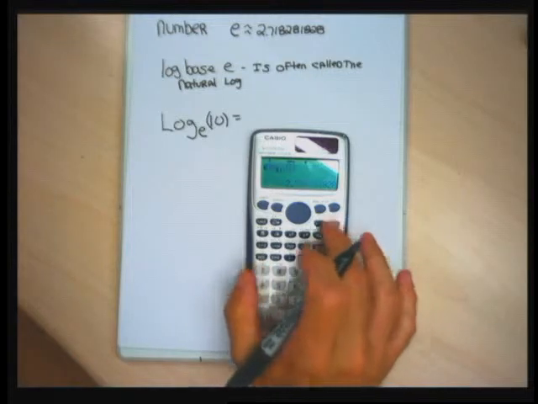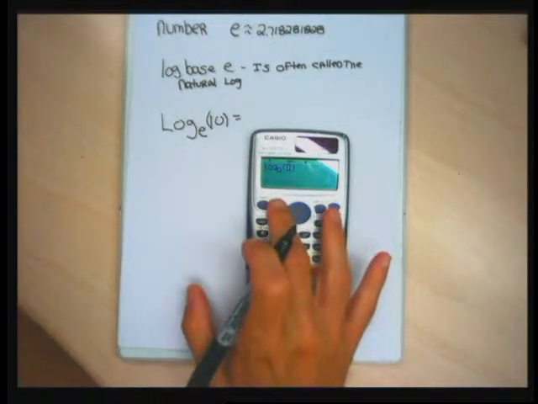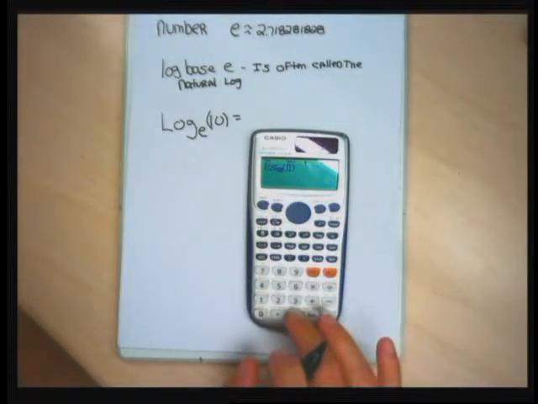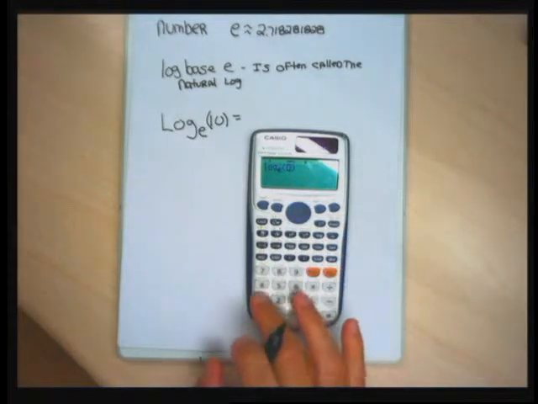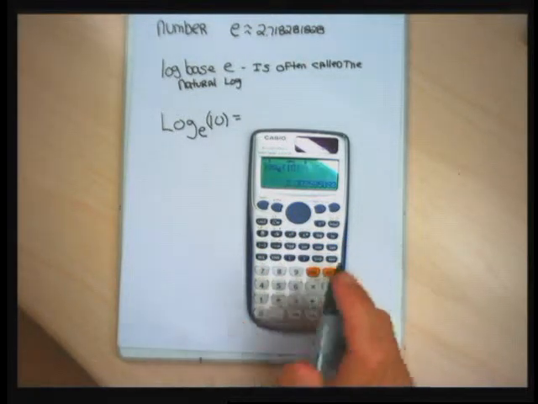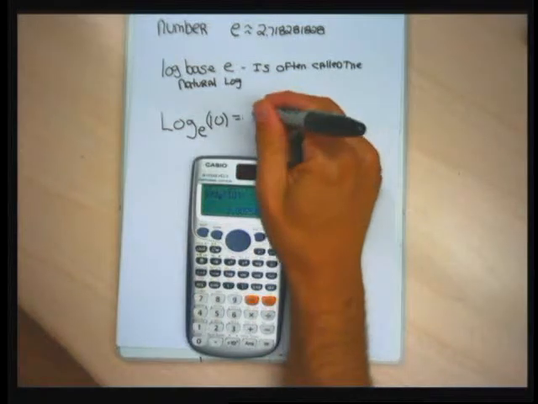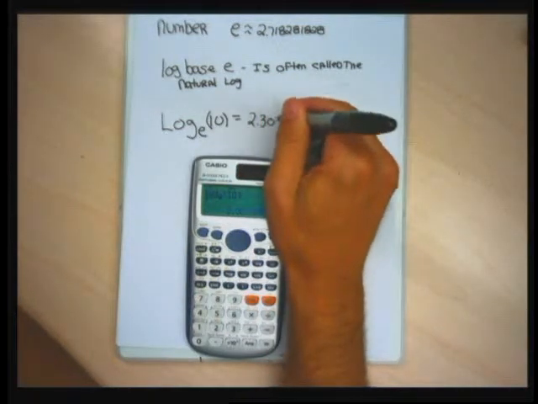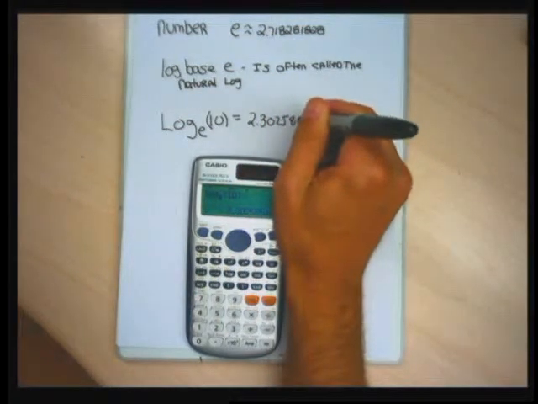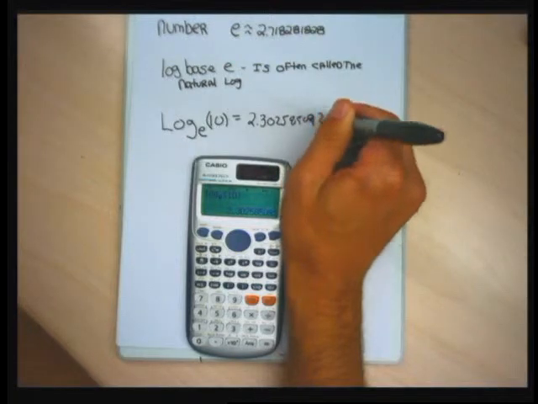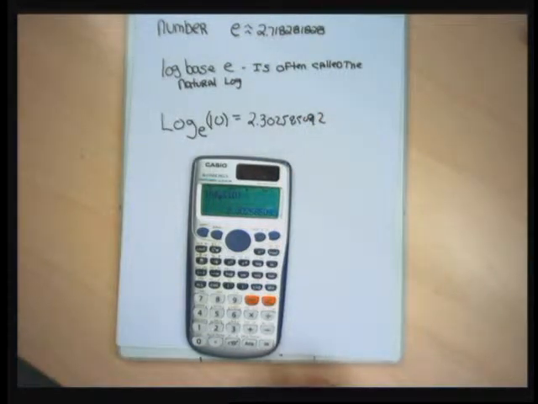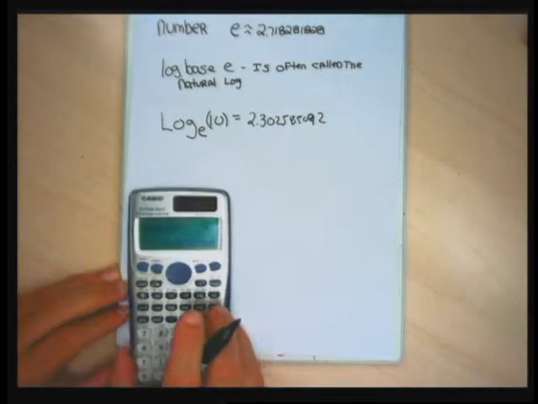If I hit the log with the base and hit the alpha button and get the e in there and then do 10, log base e of 10 is about 2.3025855092.